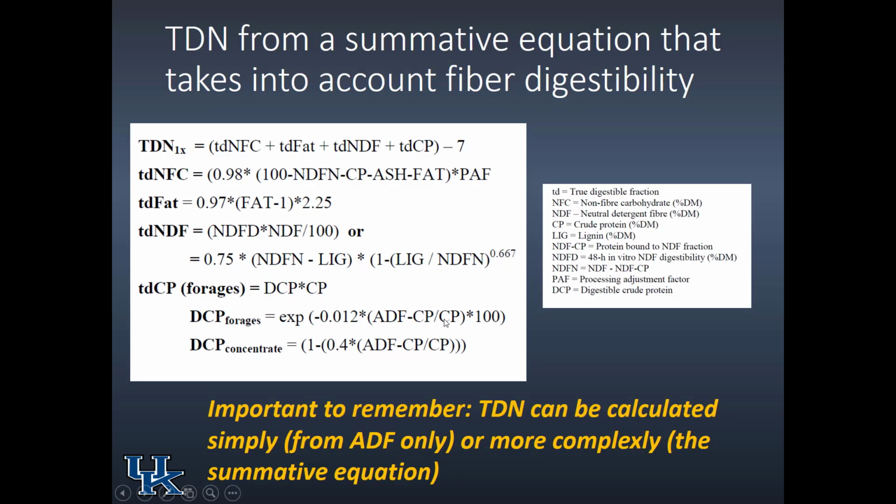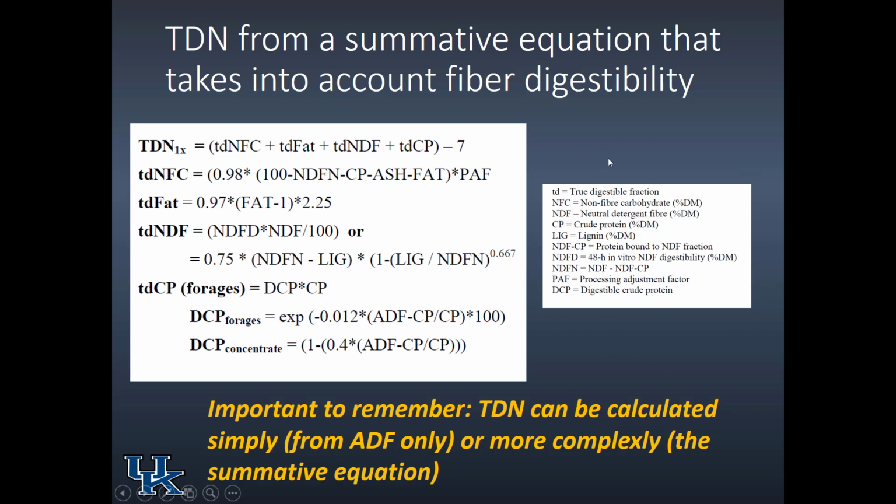And I took the time to pull out that OARDC equation and put it here so that you can see exactly how complicated it is and the things you have to measure in order to use it. The good thing is that you can do this with NIR.